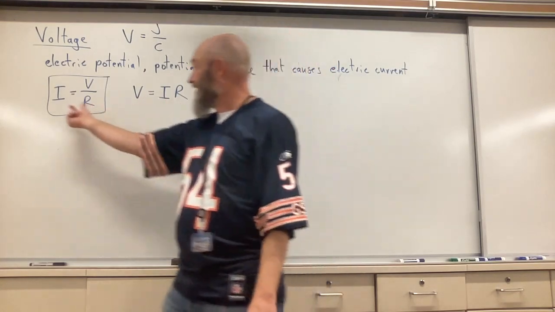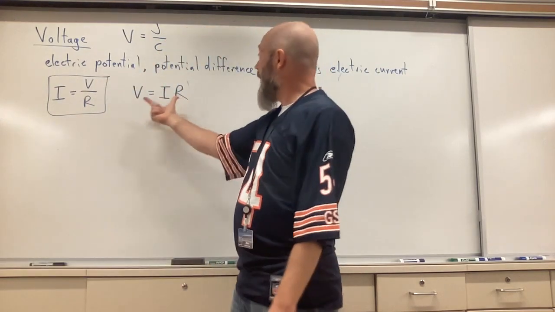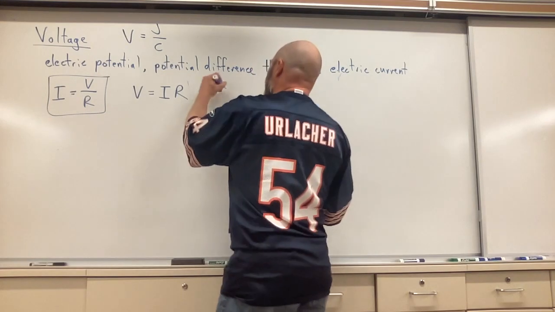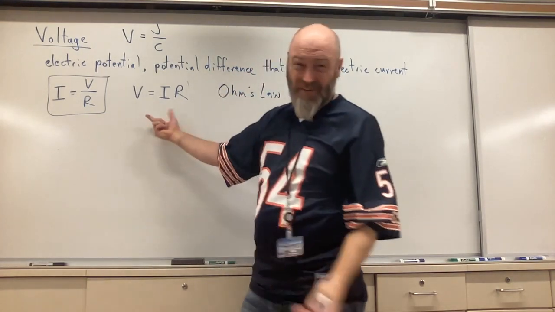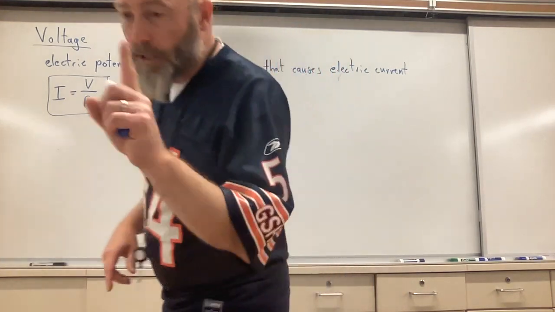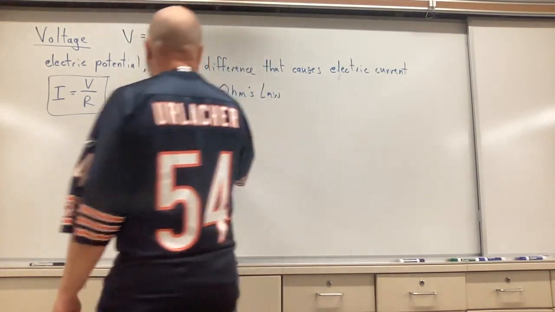Current really does depend on this and this, but this is typically how we're going to use Ohm's law. Remember, this is Ohm's law, which is just a very nice way of using it.